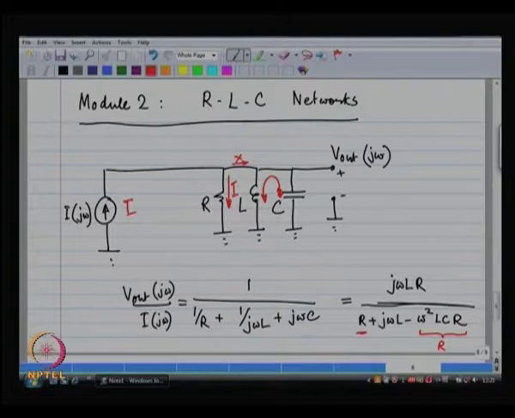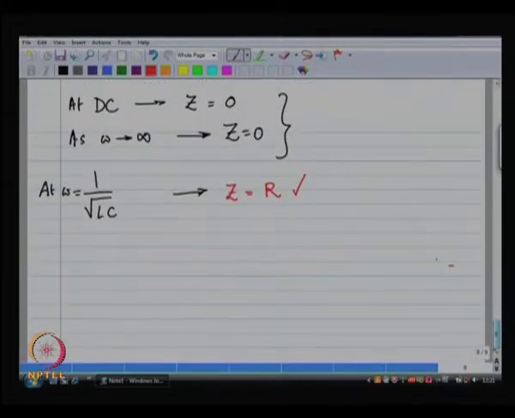So, the voltage I have is I times R, and therefore, the current through the inductor and the current through the capacitor at resonance is the voltage by the impedance.